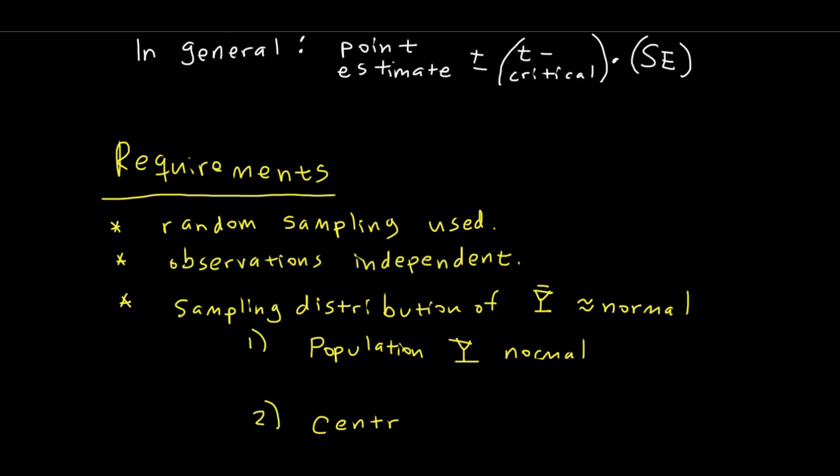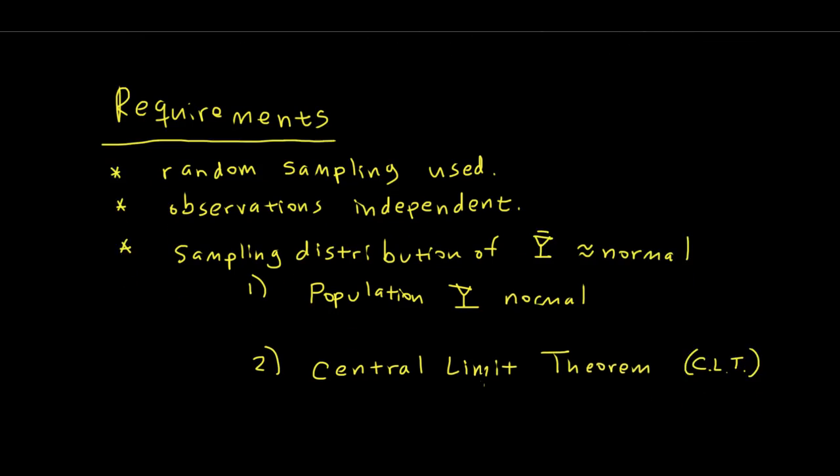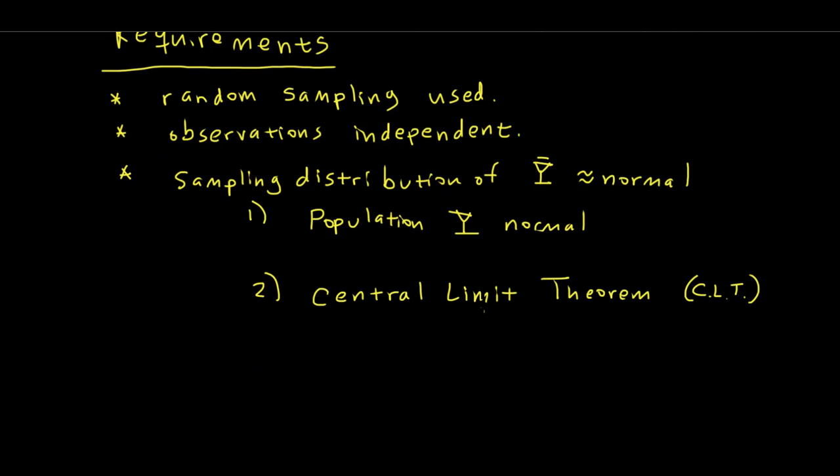However, if condition 1 cannot be satisfied, then we can utilize the central limit theorem. I'm going to use that a lot, so I'm going to call that CLT. The central limit theorem states that if a population is not normal, then its sampling distribution still can be considered approximately normally distributed as long as you have a sufficiently large sample size.